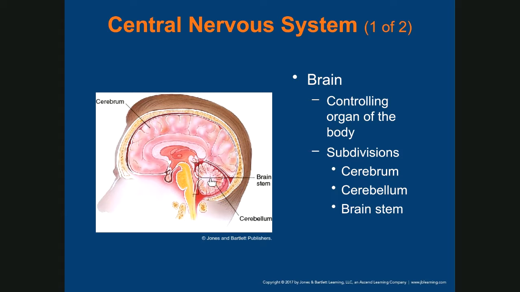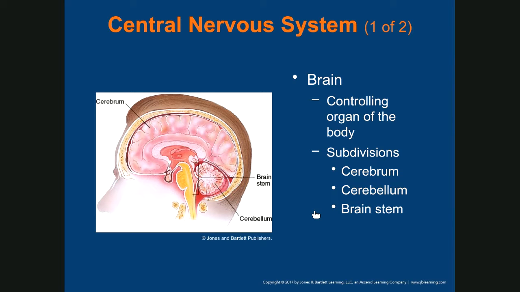And an easy way to remember the function of the cerebellum is you will focus on the B and L. So I focus on the B and L in cerebellum to remember balance and coordinated movement. So the cerebellum is responsible for balance and coordinated movement.